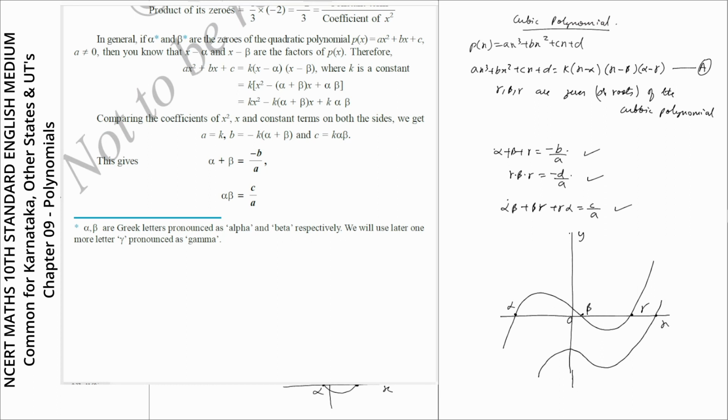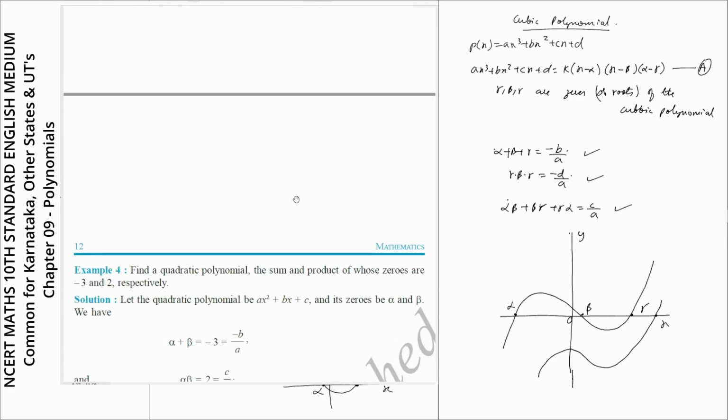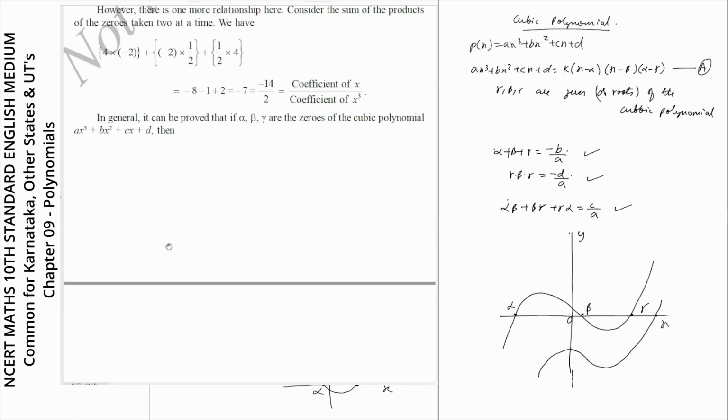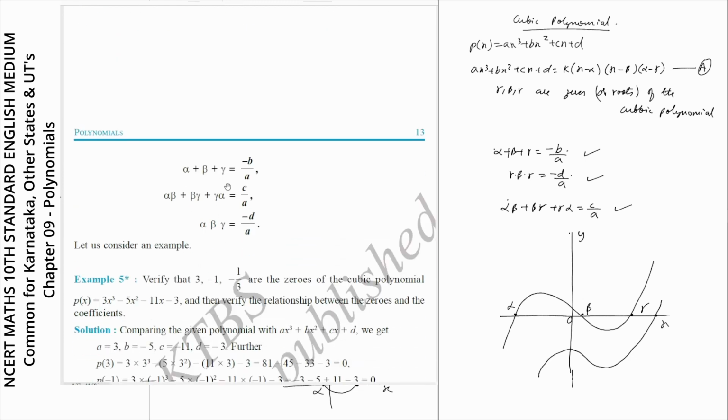Now if you see in the textbook, in general it can be proved that if alpha, beta, gamma are the zeros of the cubic polynomial ax cube plus bx square plus cx plus d, then alpha plus beta plus gamma is equal to minus b by a, alpha beta plus beta gamma plus gamma alpha is equal to c by a, alpha beta gamma is equal to minus d by a.